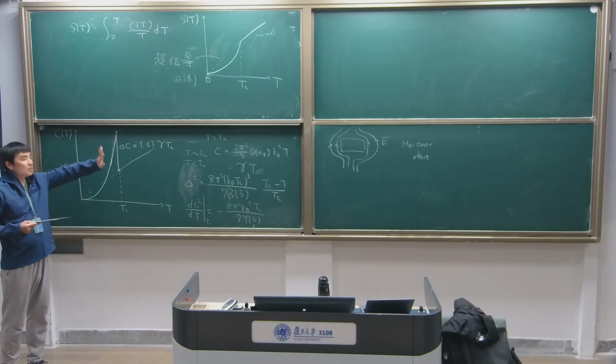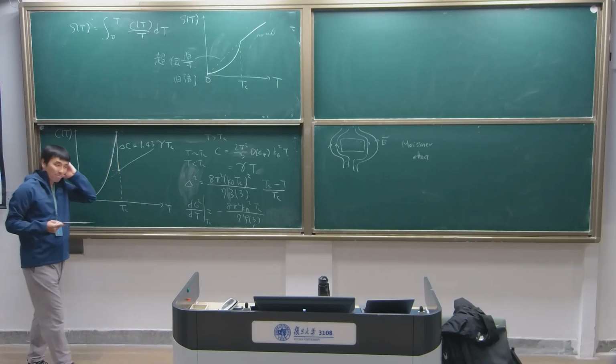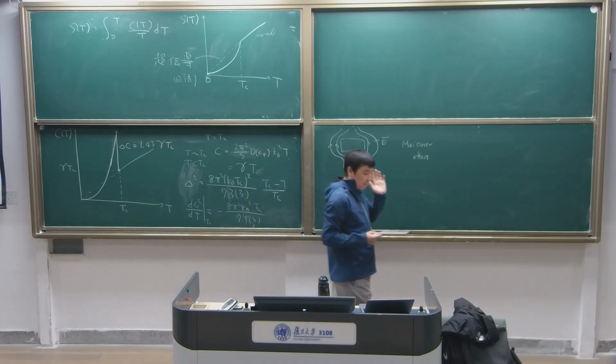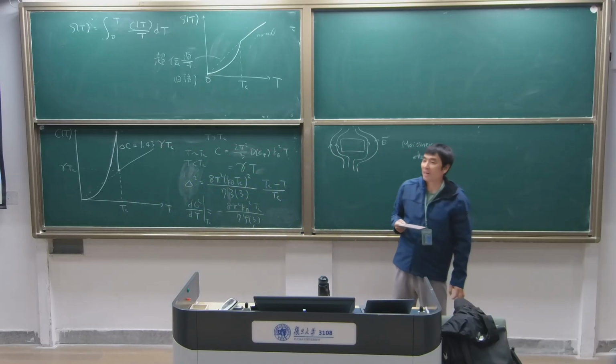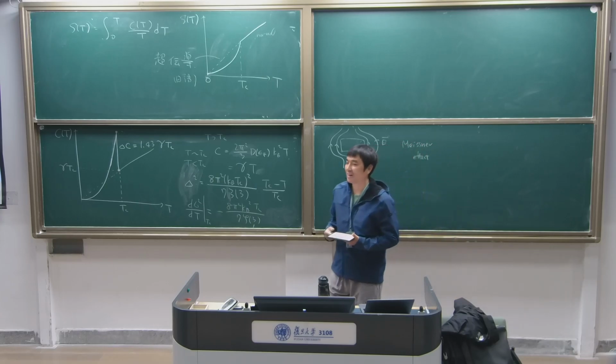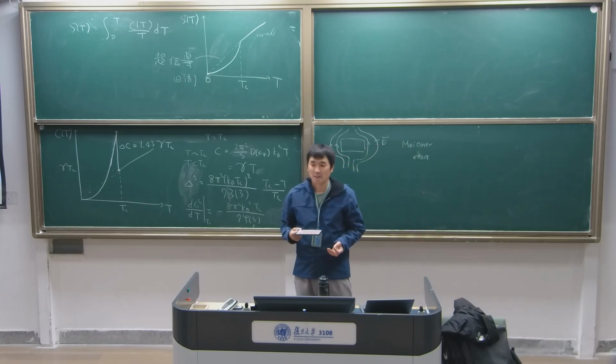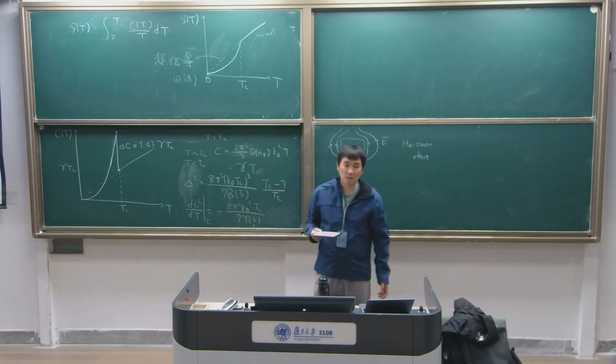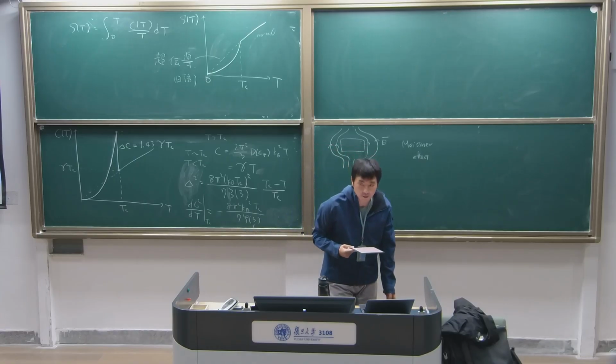So the detailed theory of superconductivity is some kind of achievement, a trick of statistical mechanics and quantum theory to describe the nature of superconductivity.